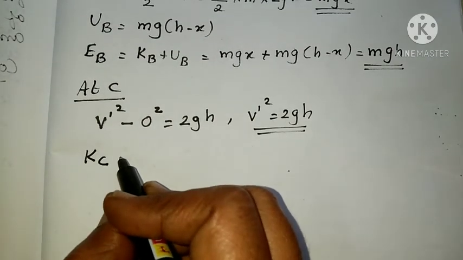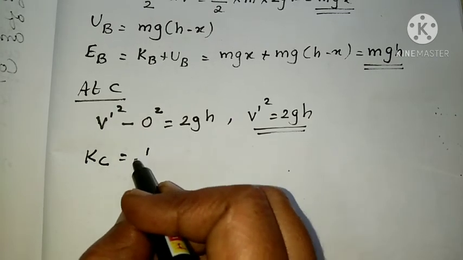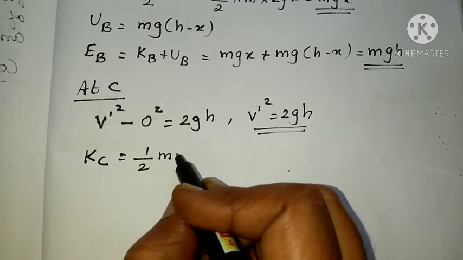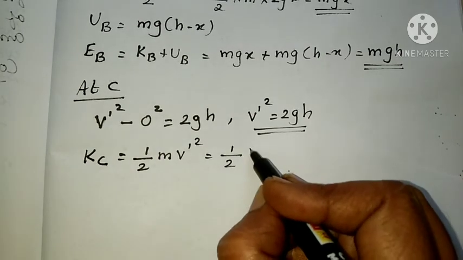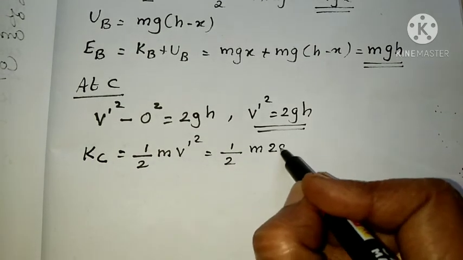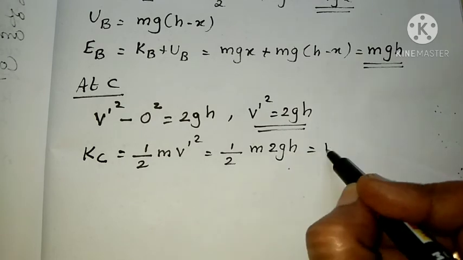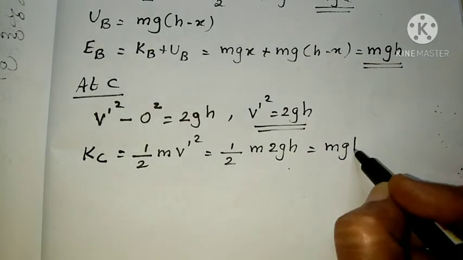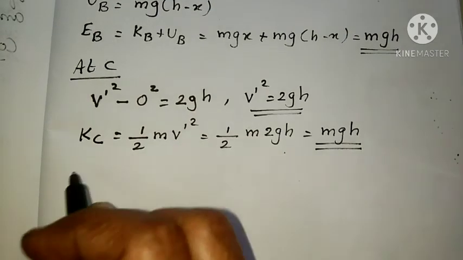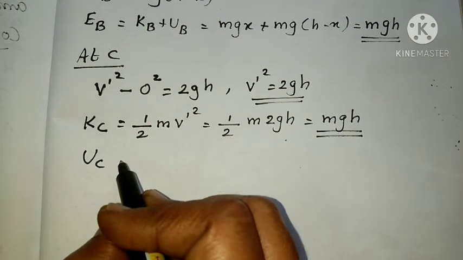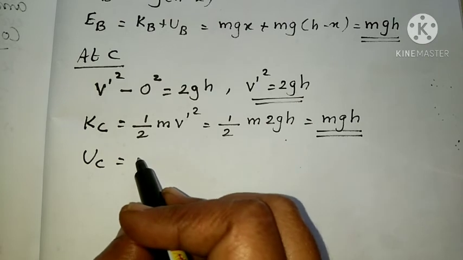Similarly, same as the first two cases, we can find out the kinetic energy at C. That is equal to half into m into v dash square, which is half into m into 2gh. So that is mgh. That is the kinetic energy, mgh. Similarly, potential energy at C. What is the potential energy here?